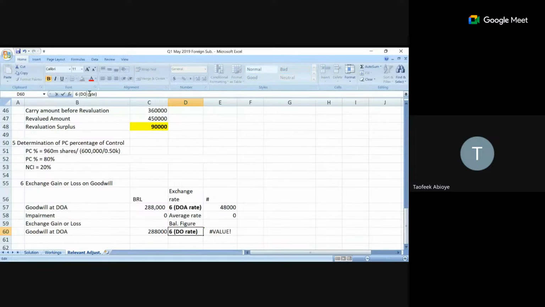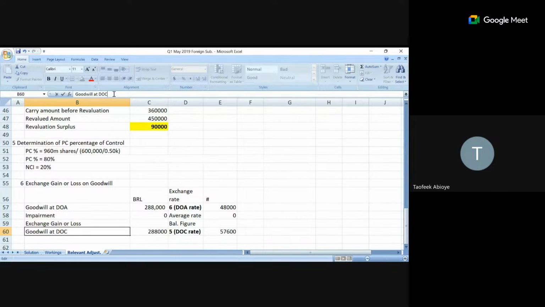So this will be DOC rate, because we want to determine the goodwill at DOC. So what are we going to do? We can now see 288,000 divided by 5. So the goodwill at DOC is higher than goodwill at DOA.